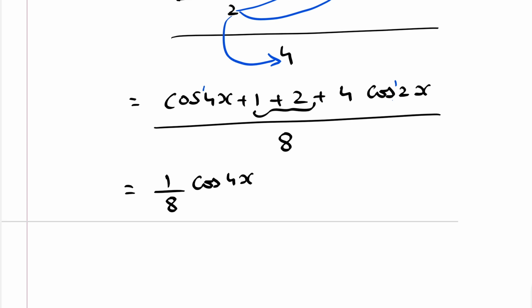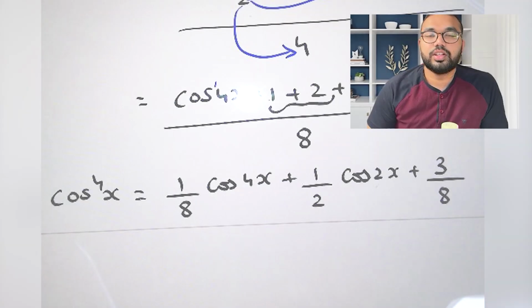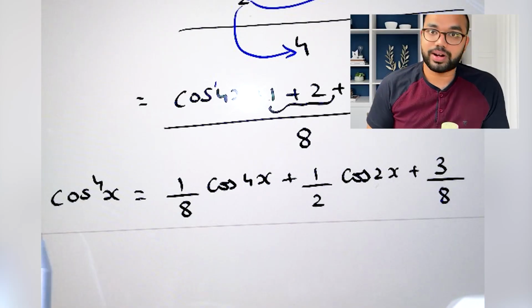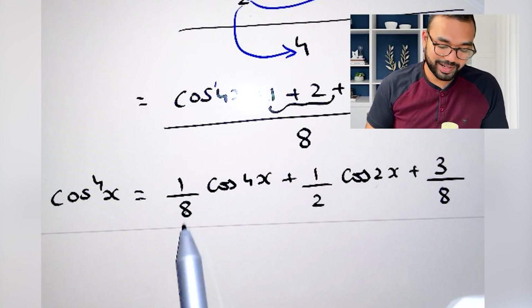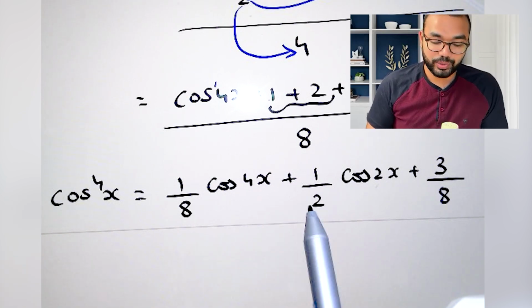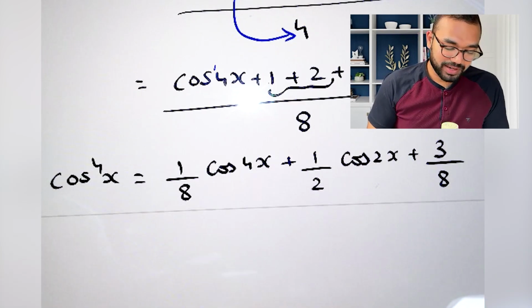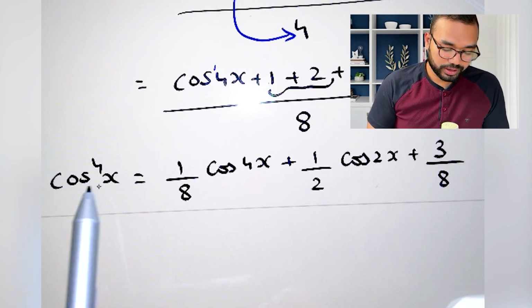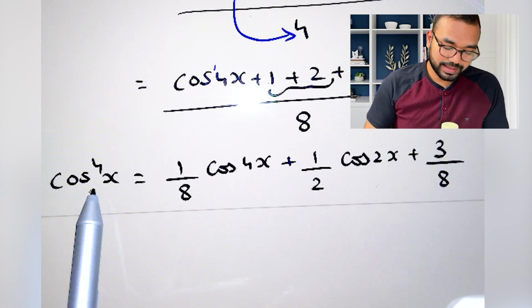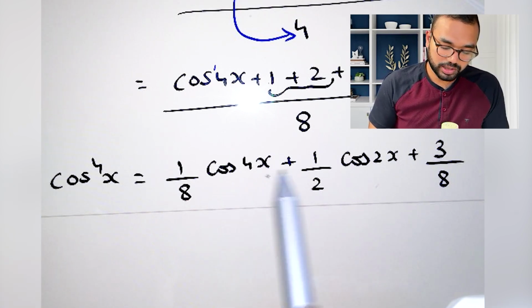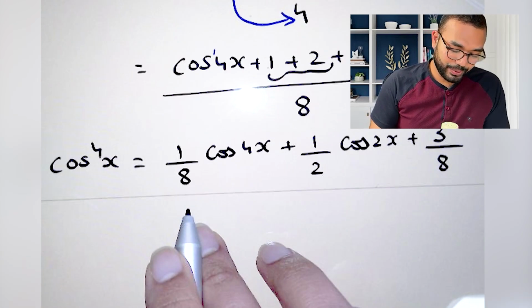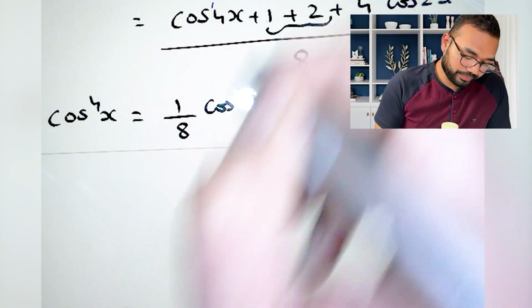So 4 by 8, which is 1 by 2 cos 2x, and 1 plus 2 is 3, so 3 over 8. So cos power 4x can be written as 1 by 8 cos 4x plus 1 by 2 cos 2x plus 3 over 8. You see why I have converted this fourth power of cos x in terms of cos 4x and cos 2x? Because I can use this particular formula.